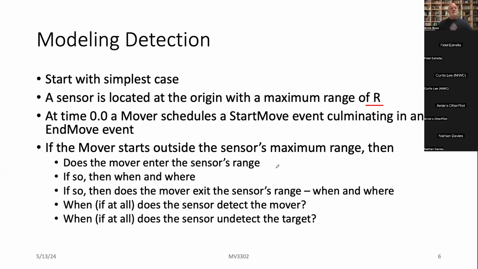What are the questions that we might want to ask of this? Well, does the mover enter the sensor's range at all? And if so, where and when? And if it does, does it ever exit the range? If so, where and when? And then, even though it may enter the range, that doesn't mean you necessarily detect it.